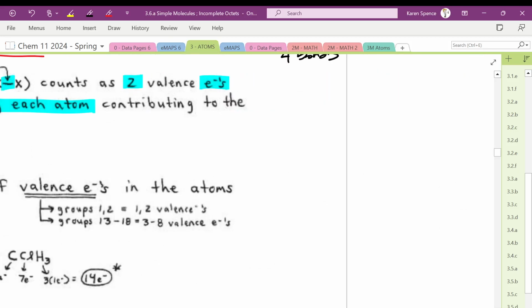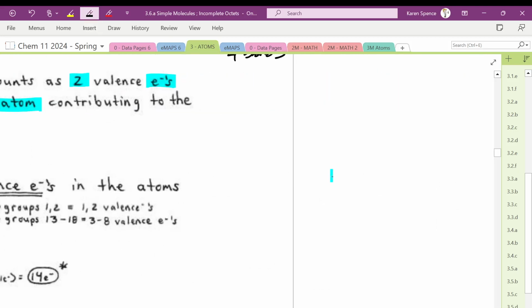We had a carbon and we had an oxygen. Carbon has 4 valence electrons. Oxygen had 6. And oxygen had 6. So that would give us a total of how many valence electrons? 16. Yes?